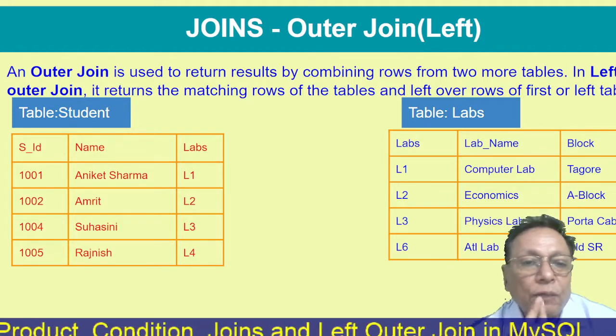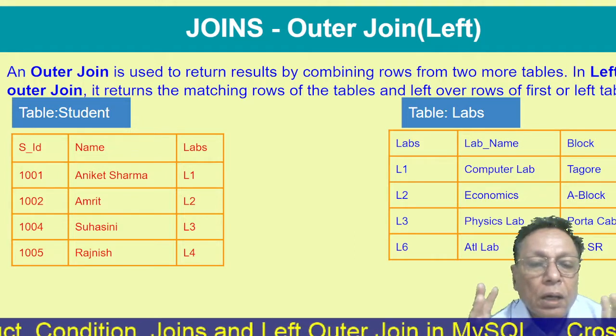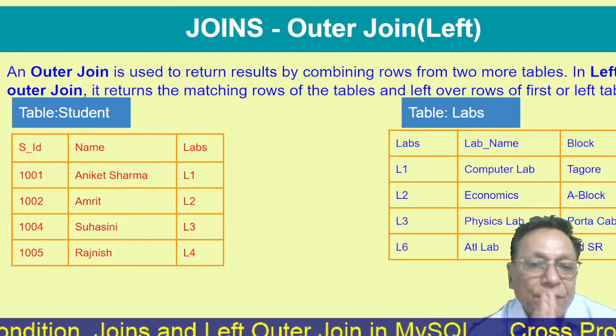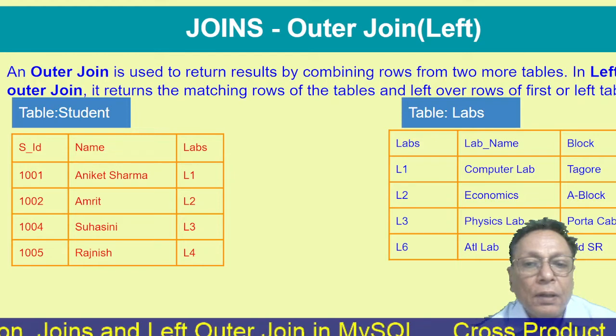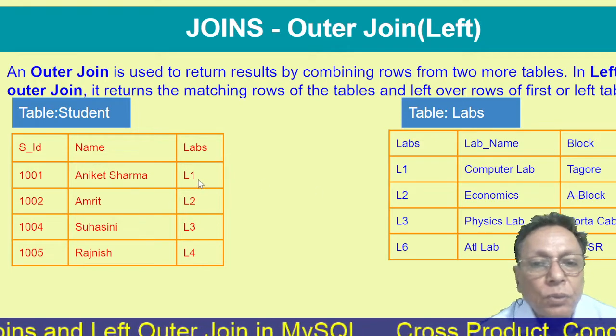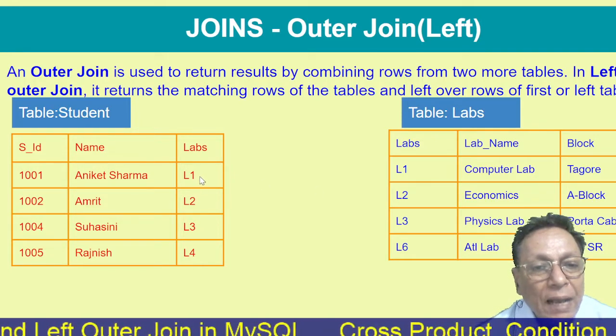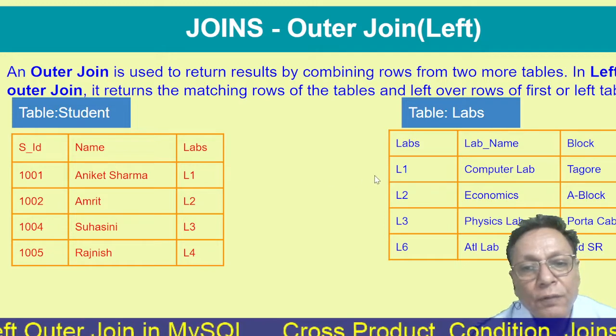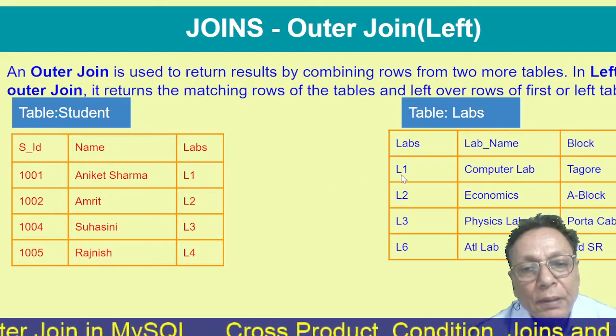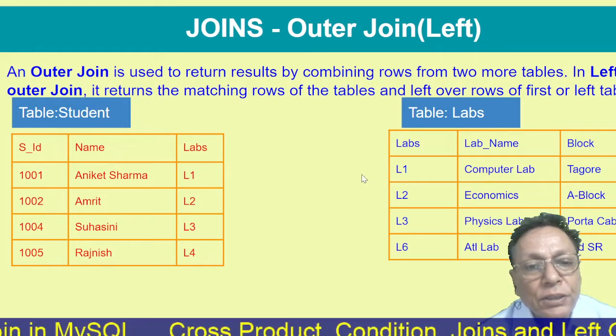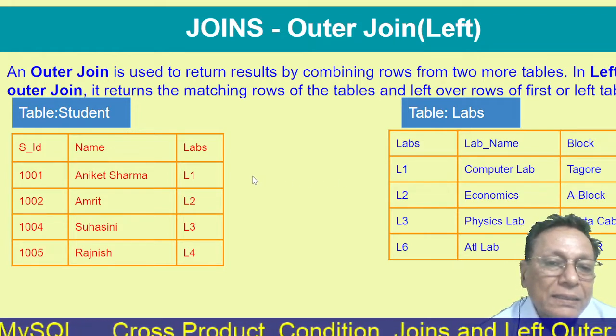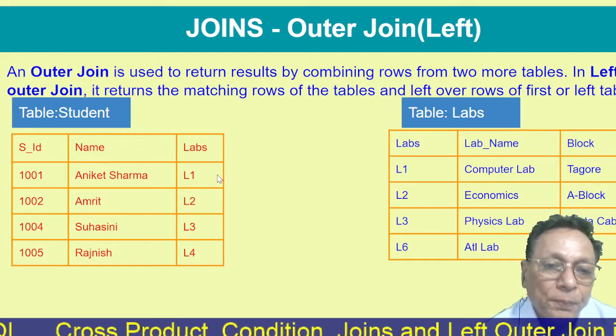So what we want is a left outer join. So what will happen? If the code of this lab is matched with the code of this lab, this record will be considered as output.